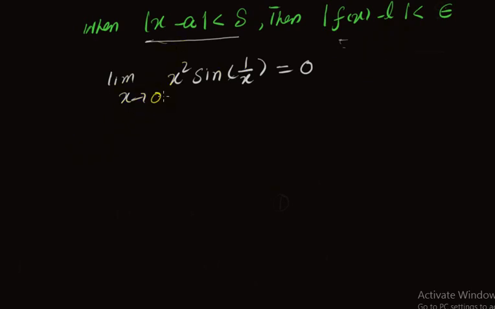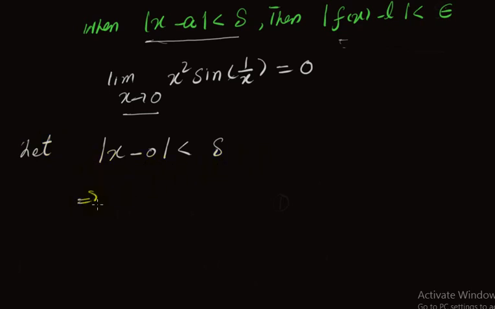Now consider mod of x minus a. Here x minus a means x minus 0, mod is less than delta. We start with, let mod of x minus 0 be less than delta.